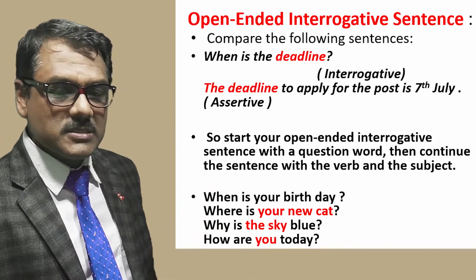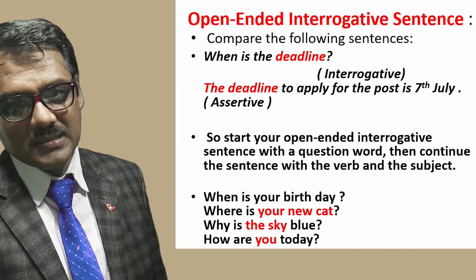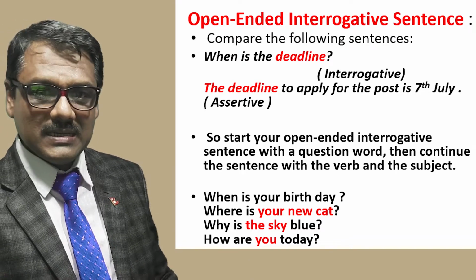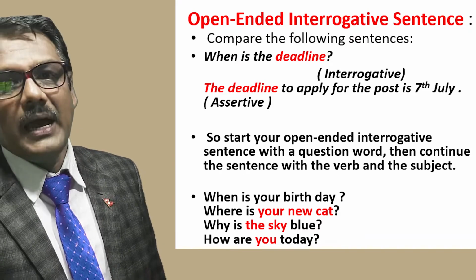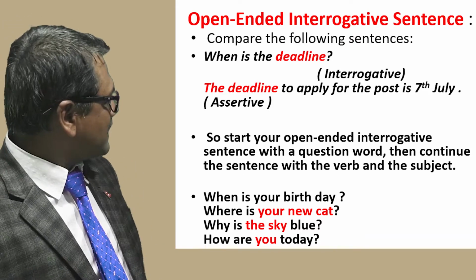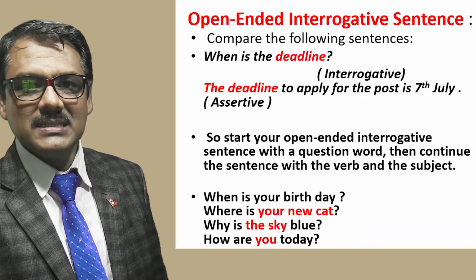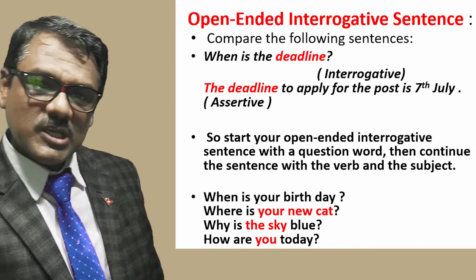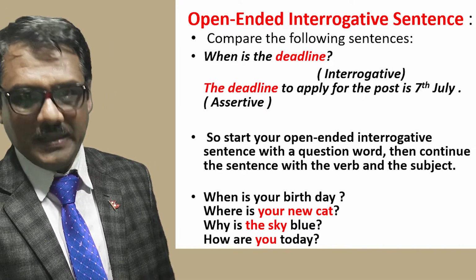In the first sentence, deadline is the subject, and that is at the end of the sentence, right? And similarly, in the second sentence too, the deadline is the subject, and that is in the beginning of the sentence. The word is the same, and they are placed in two different places.